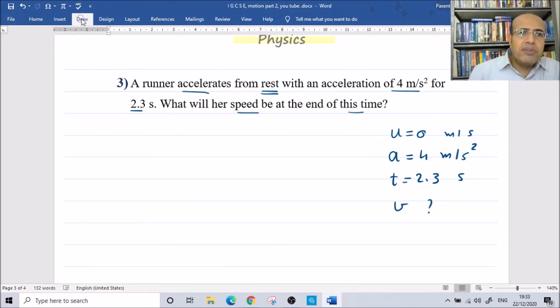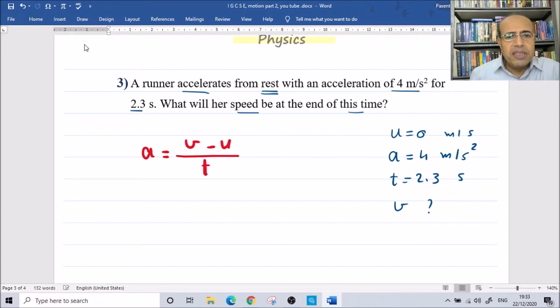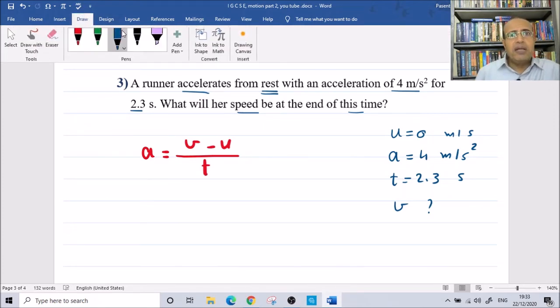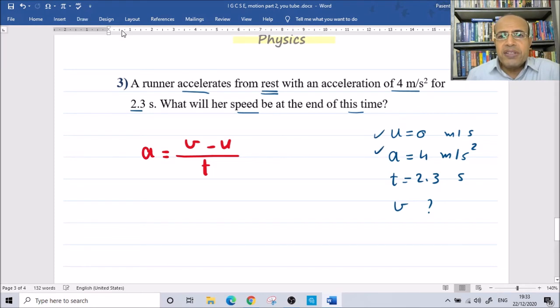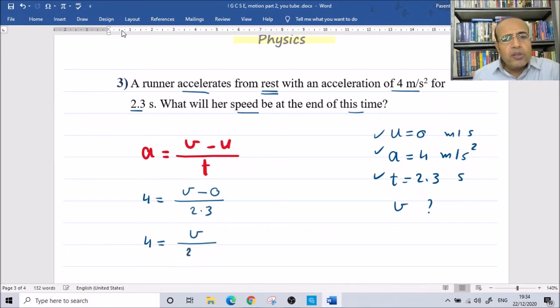Remember that formula of acceleration, a equals v minus u over t. How many unknowns in that formula? 4 unknowns. If they give 3 of them, we can get the fourth one. So we do substitution. a equals 4, v the final velocity, we need it, minus u, 0, over the time, 2.3. Now we write 4 equals v minus 0, it's v, over 2.3.